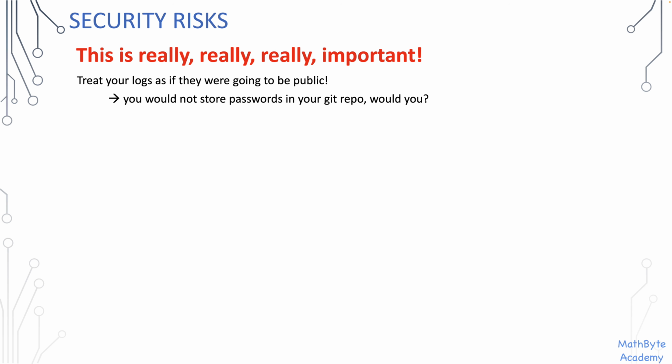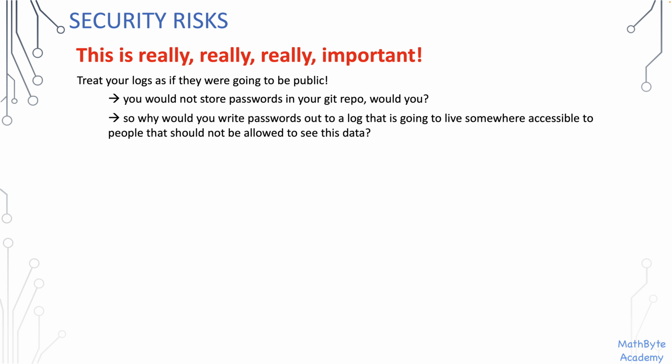Would you do that? Do you want other team members to see your password? No, you would never do that, right? You're not going to put sensitive information into your Git repo because it is basically public. Even though it could be a private repo, you could consider it essentially a public repo. So if you don't do that, why would you write passwords out to the log files?